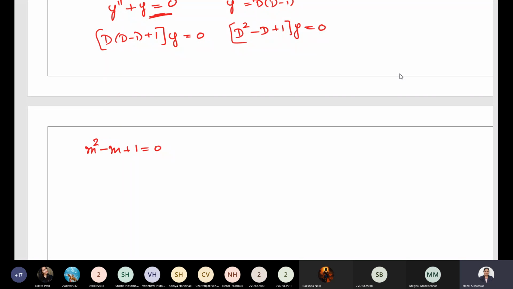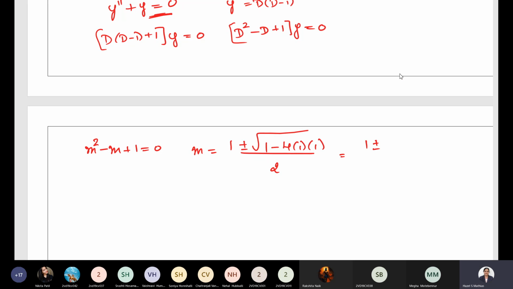How do you find the roots of this? What is m equal to? Minus b plus or minus square root of b square minus 4 into 1 into 1, divided by 2. What is it? 1 plus or minus.